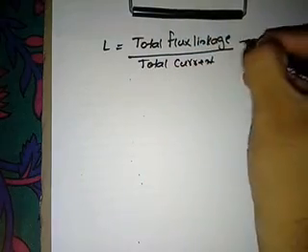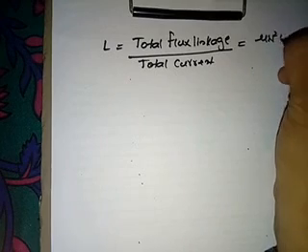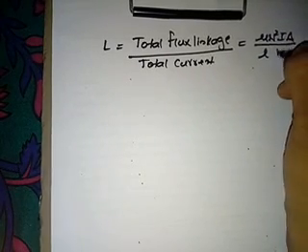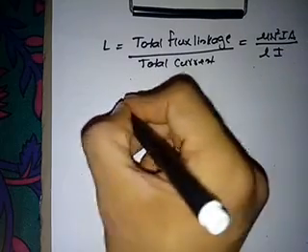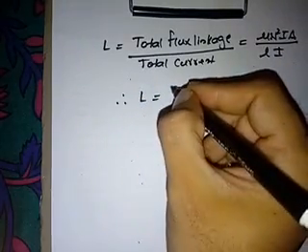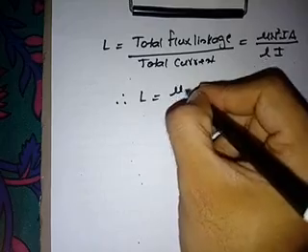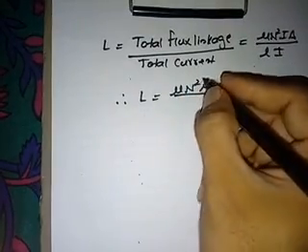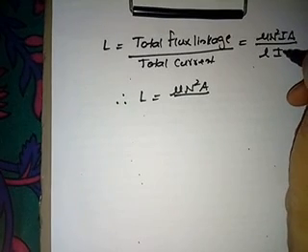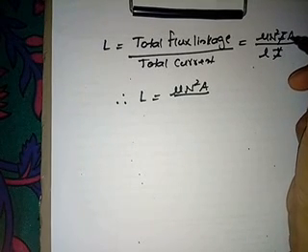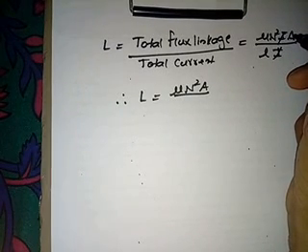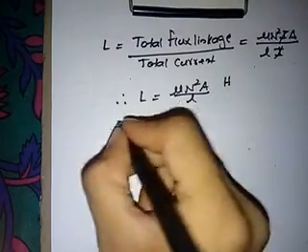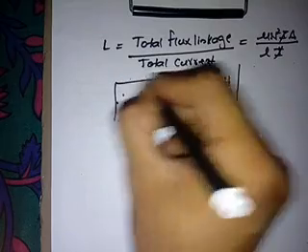So total flux linkage is mu n square Ia divided by L, total current is I, divided by I. So the equation for the inductance of a solenoid is L is equal to mu n square Ia divided by IL, I and I will cancel, so mu n square A divided by L Henry. So this is the equation for the inductance of the solenoid.